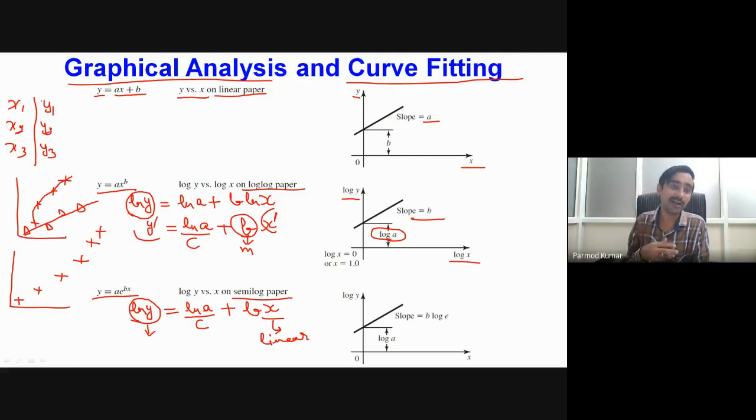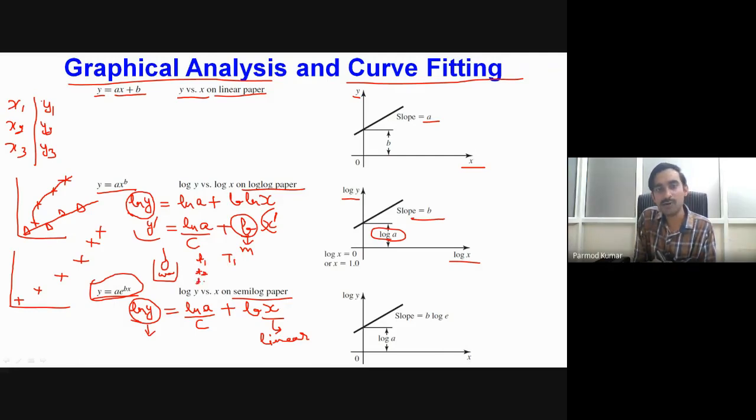Okay, and particularly this type of exponential nature where you will be finding, for example, if you are doing the experiment of the system where we are having some hot water and the temperature of water is being measured with the help of a thermometer, and you are recording the temperature of the thermometer at different times T1, T2, T3.